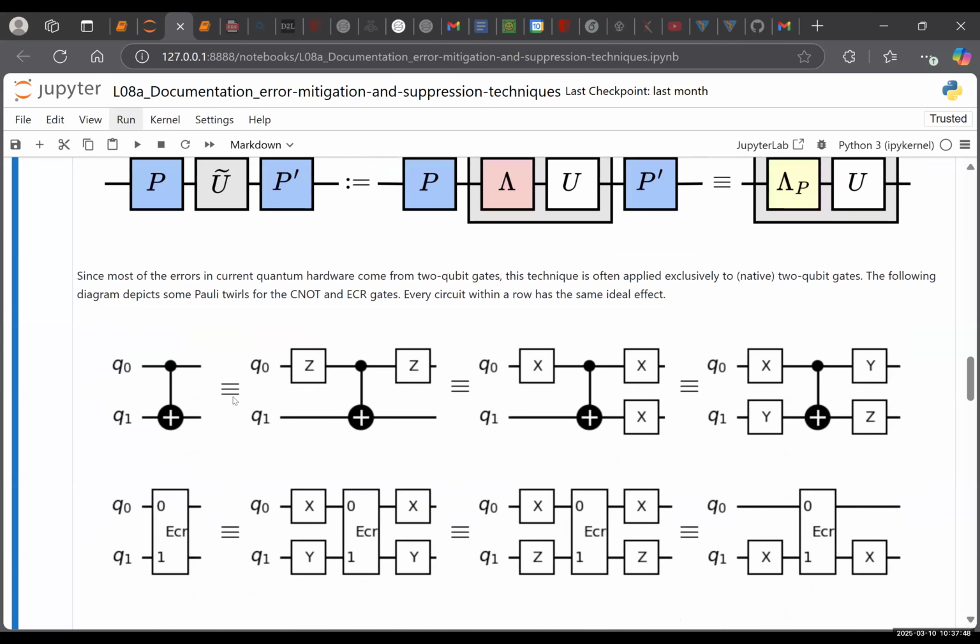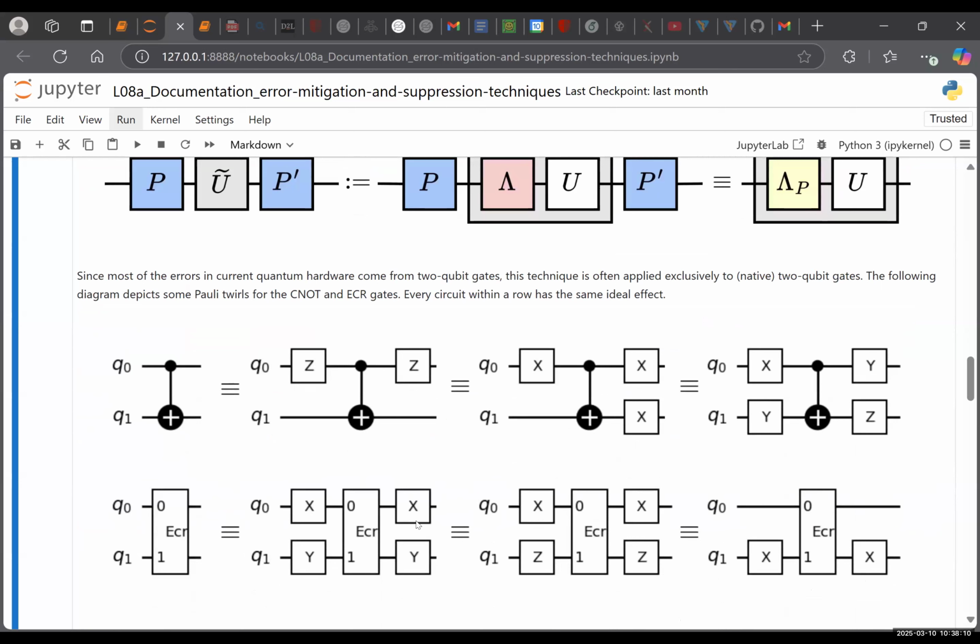Yeah, for example, these are the circuit identities. Z, Z, Z doesn't affect, and X would get pulled through with 2 X. You could also have Y. This echoed cross resonance gate has this symmetry.